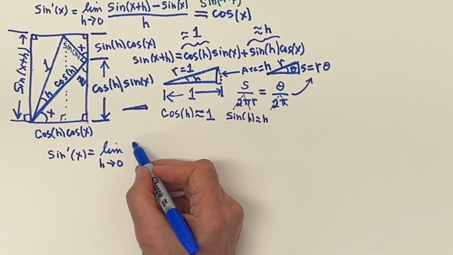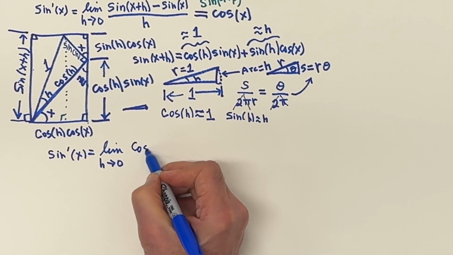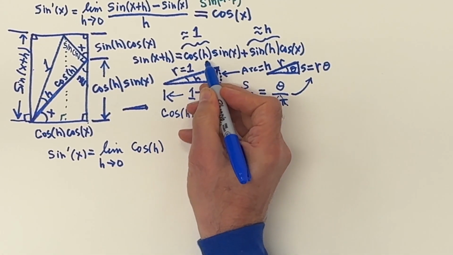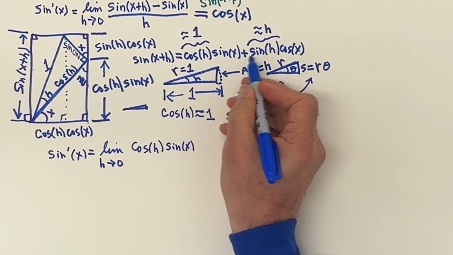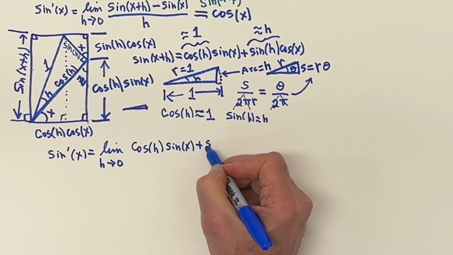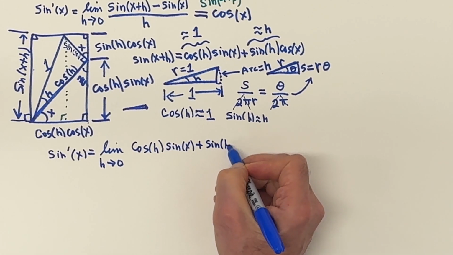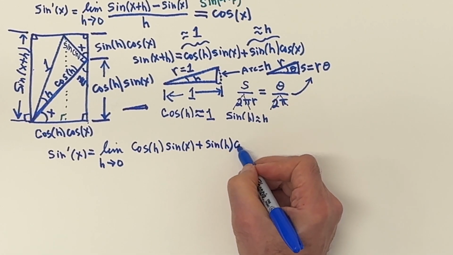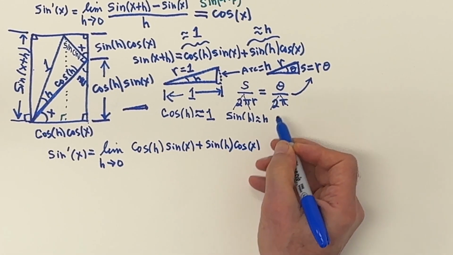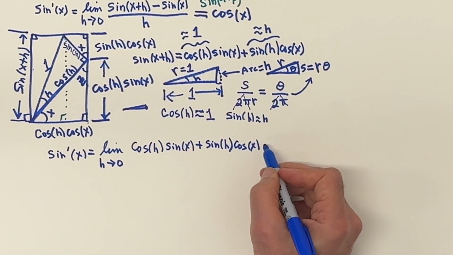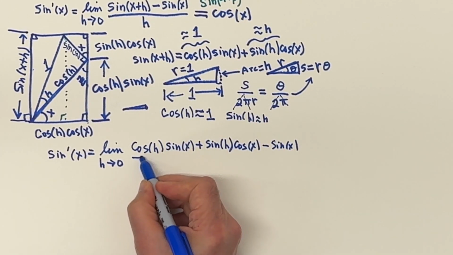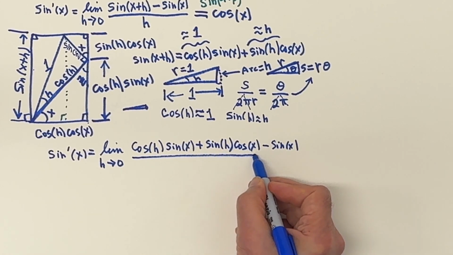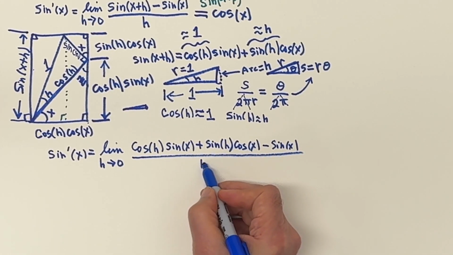So I'm going to take the time to do it all. So here's the cosine of h, just copying here, times the sine of x, and then plus the sine of h times the cosine of x. And now I need to subtract the sine of x, like this, and then go over h.